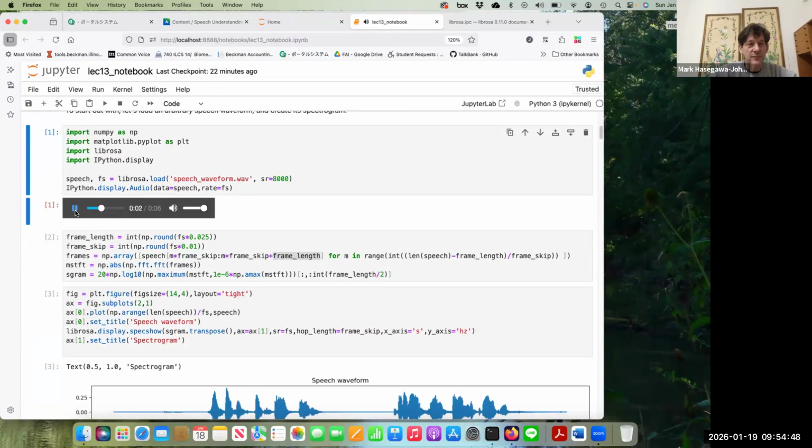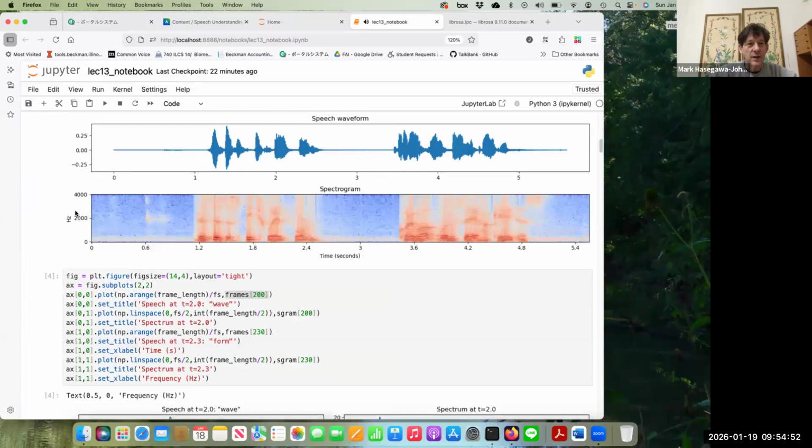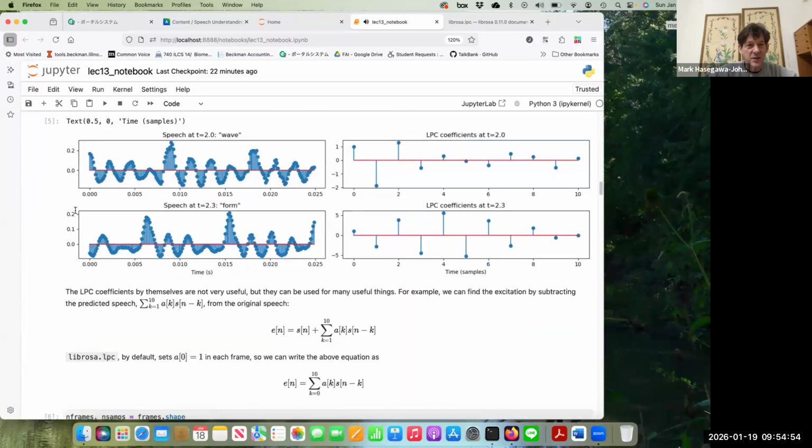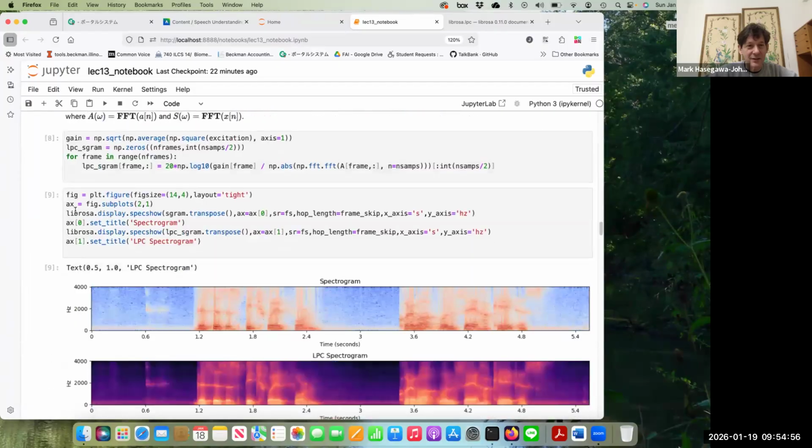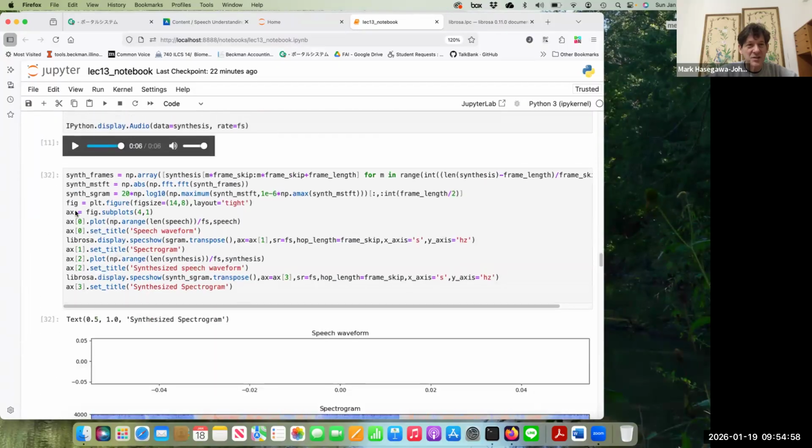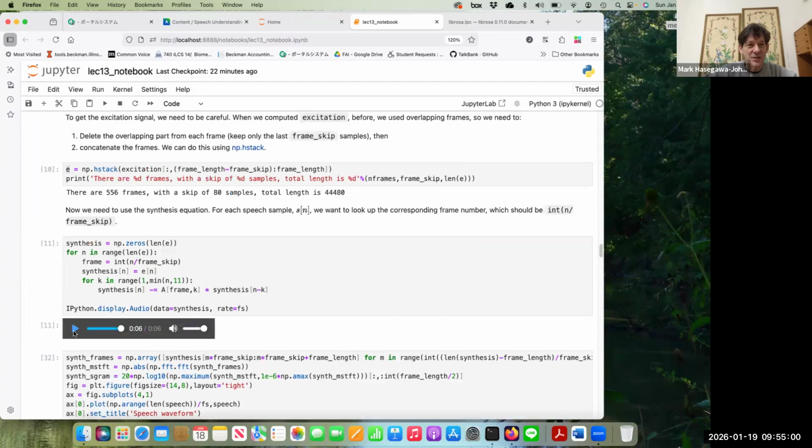This is a speech waveform. The reverberation is in the original recording. I think that the resynthesized speech sounds exactly the same as the original speech. This is a speech waveform. Yeah, the resynthesized speech sounds exactly the same as the original speech.